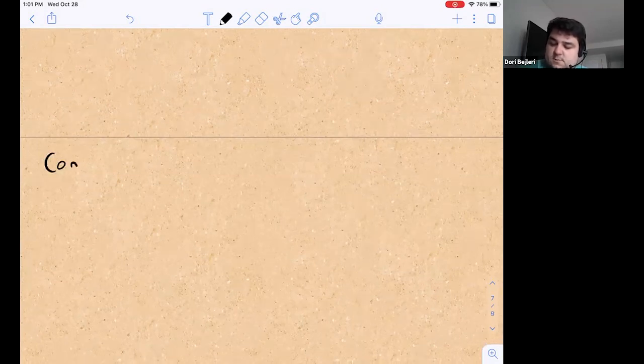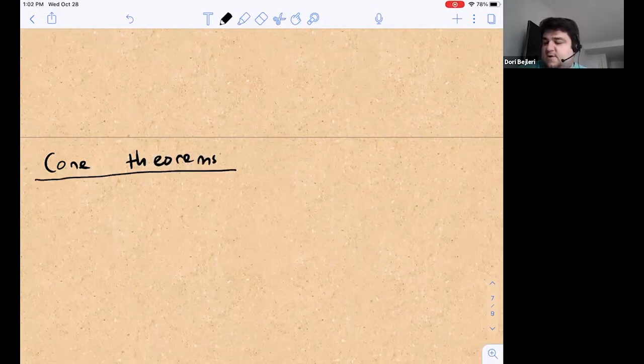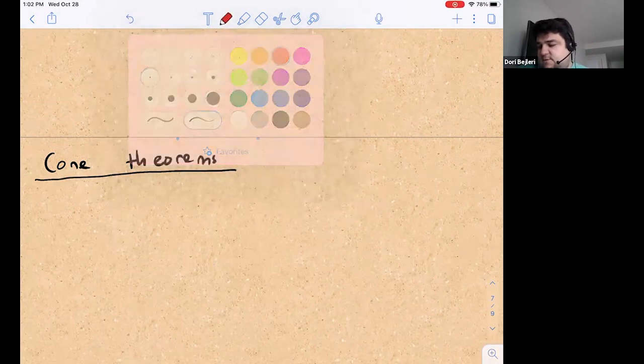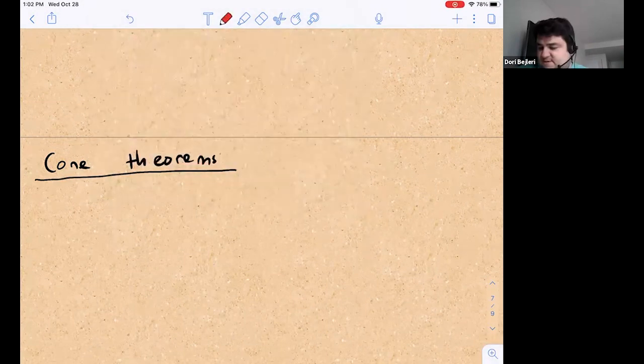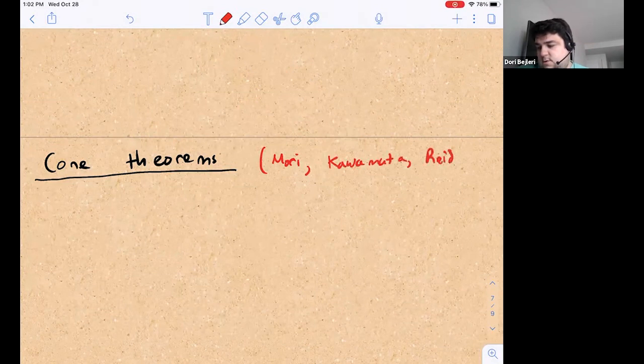So let's do that. And they don't have names attached to them, so let me just write down the various names of people who originally proved these theorems in these forms in the 80s. So Mori, Kawamata, Reid, Shokurov, and Kollár.